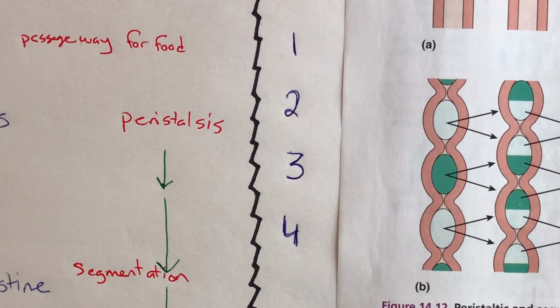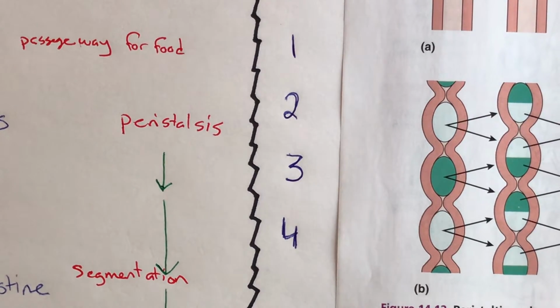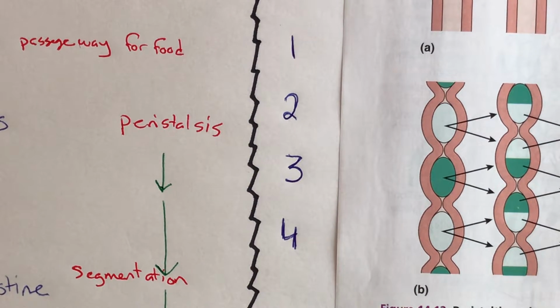It's important to know that there are two actions that occur in the small intestine. All the rest, we have what's called peristalsis.